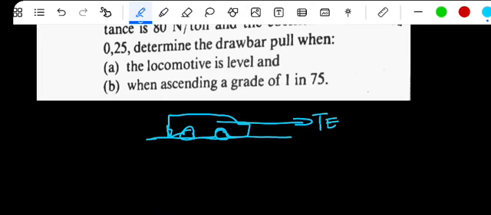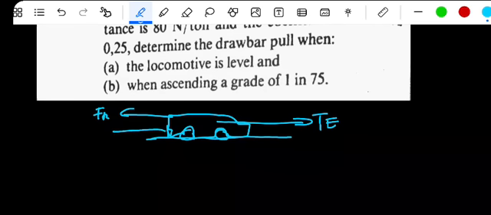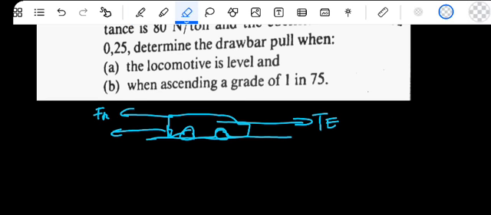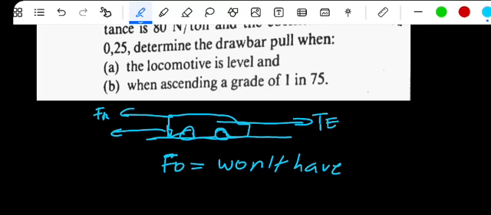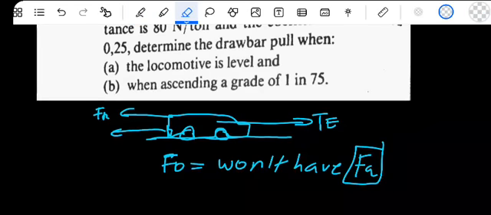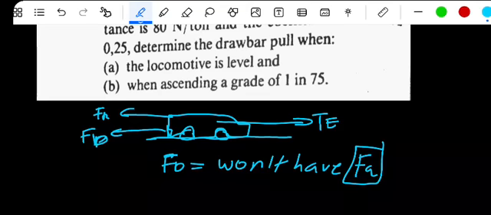Now if I have a drawbar pull here, I will have FR. But now the drawbar pull will replace acceleration. I won't have FA. I will replace FA with the drawbar pull, FD.